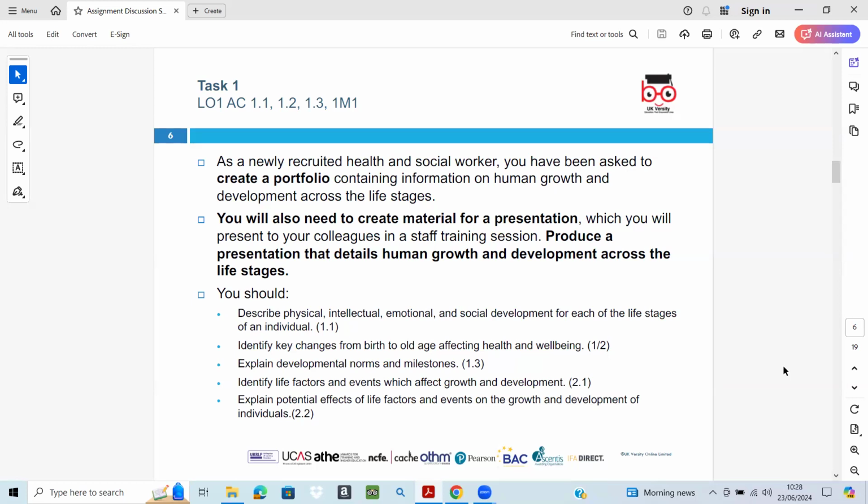Then we have identify life factors and events influencing growth and development. That is assessment criteria 2.1. Okay, so we have 2.1 also in this assessment criteria.